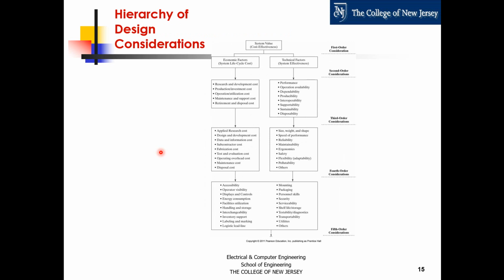Now, one thing to understand is that not everything is equally important. So to say that all of this is important, yes, that's one thing, and that is true. But I do have to add that not everything is equally important, and you cannot worry about everything at the same time.